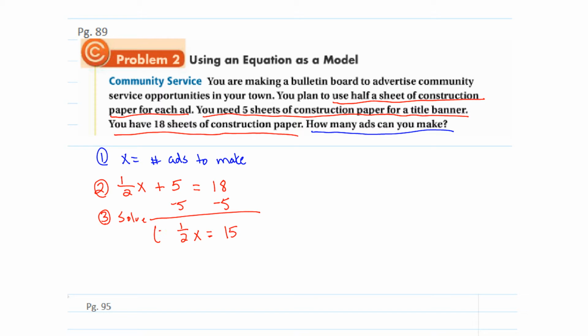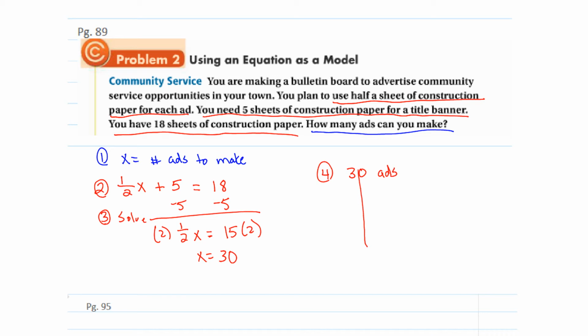Multiply both sides by 2, and I get x equals 30. So for my answer, I can make 30 ads. Does 30 ads seem reasonable considering I'm using a half of a sheet per ad? Yes, it does. So I followed all my steps.